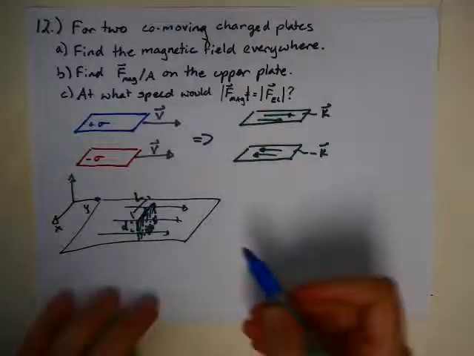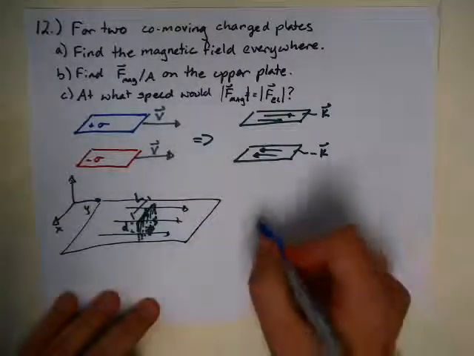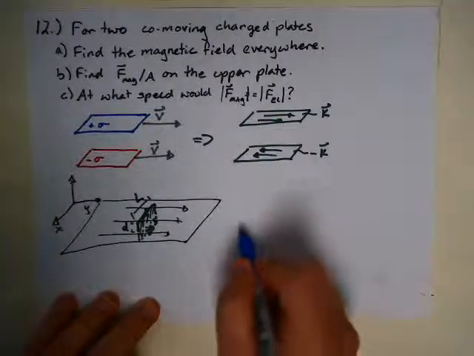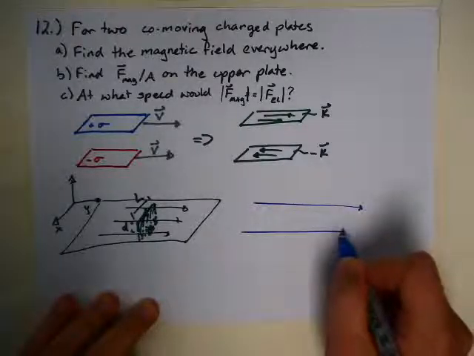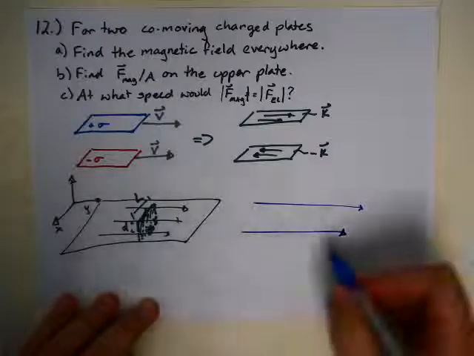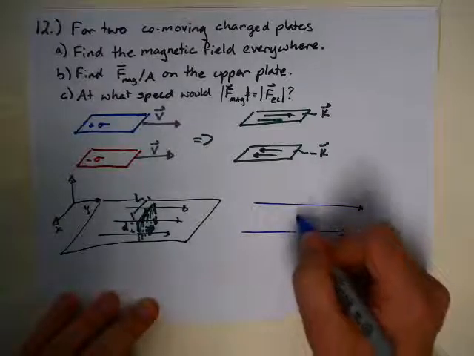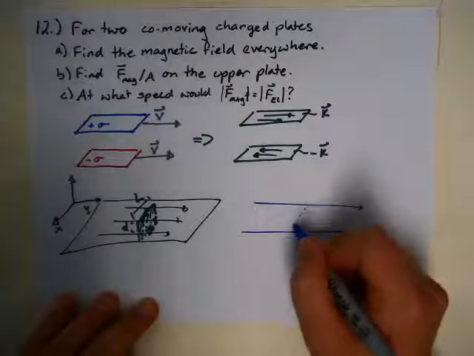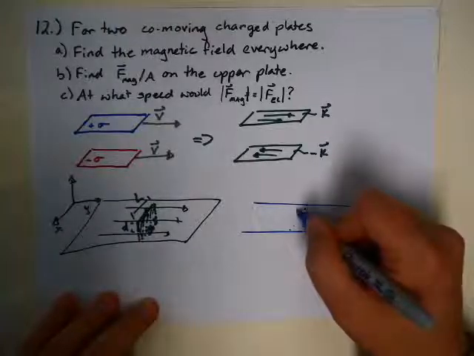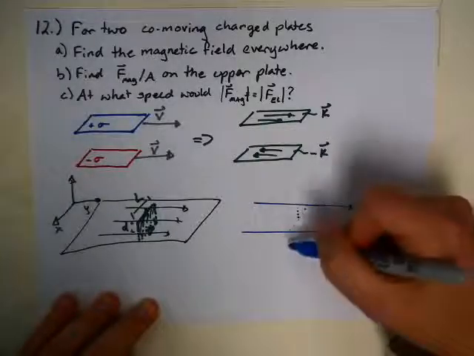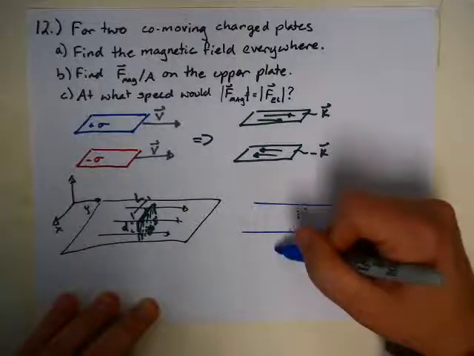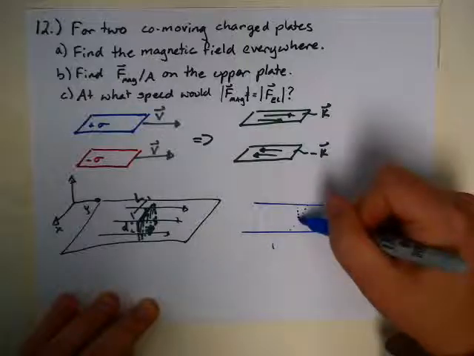For reasons of symmetry, we're going to argue that the magnetic field points only in the i hat direction, and we can go through a quick example of that. If we look at just two of the lines of current here, let's look halfway between these two lines of current, up some distance D. Halfway between these two lines, we know that the magnetic field goes in perfect circles around these lines of current.